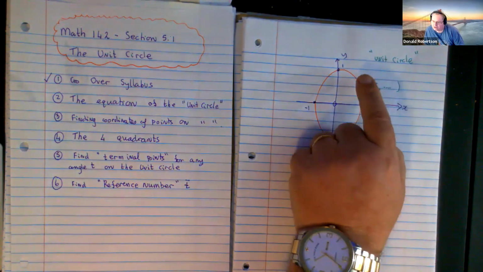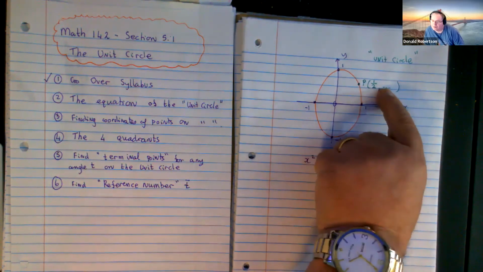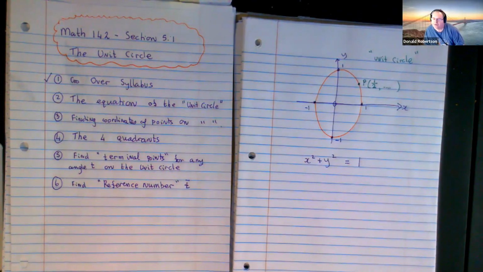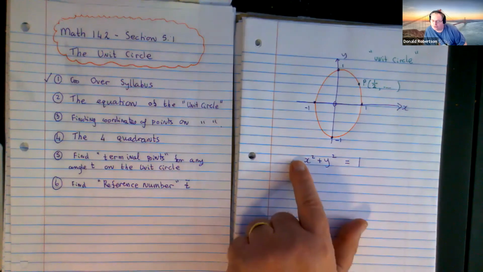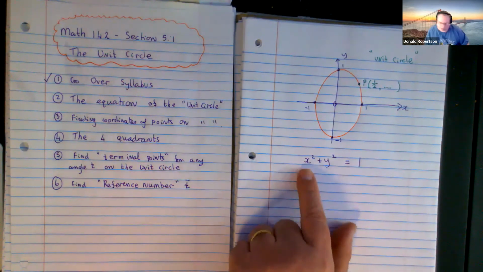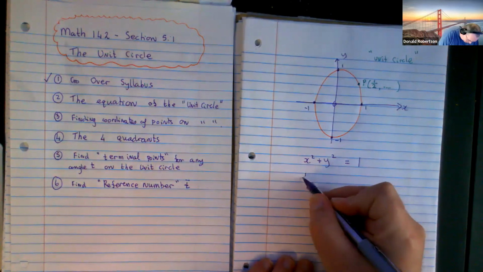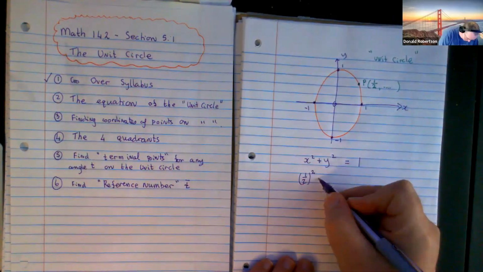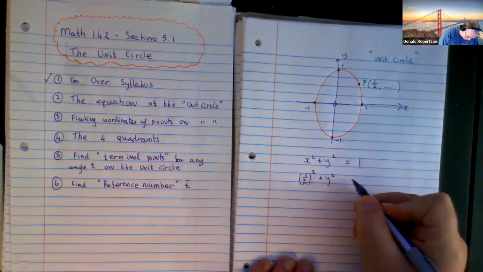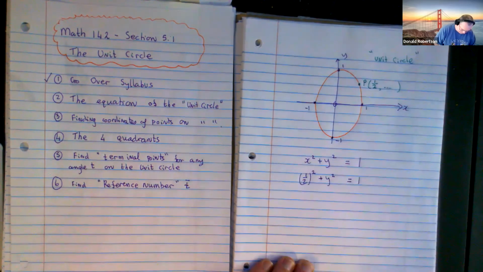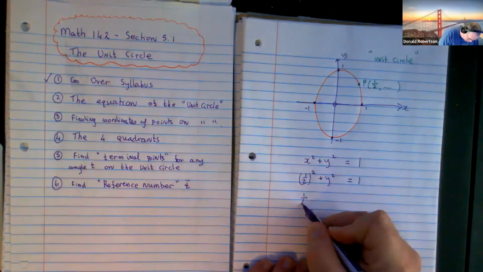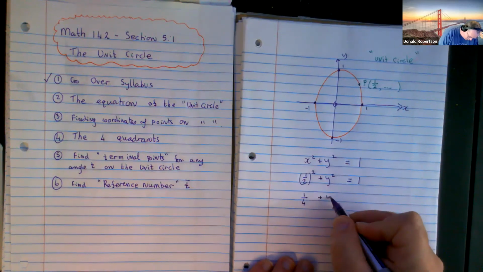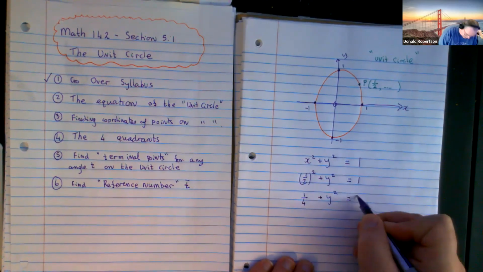Right, so I know its x coordinate is half. I'd like to know what this missing y coordinate is. And you use this equation to do it. Because x squared, well, since x is a half, becomes a half squared, plus y squared equals 1. And so you now have 1/4 plus y squared equals 1.